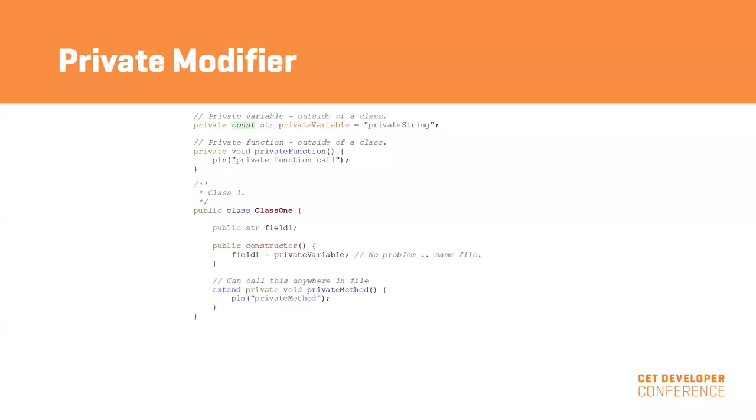So if you see I have class 1, I can access the private variable, no problem. Things do get kind of weird if I have multiple classes inside the same file though. You can see that class 2 can access class 1's private method. So if I'm using multiple classes in a file, I can access any privates in that file.